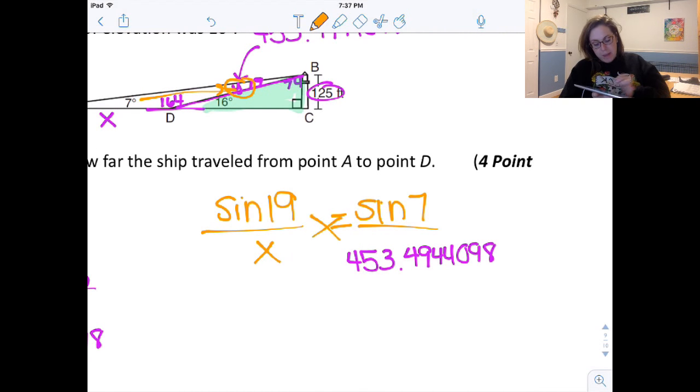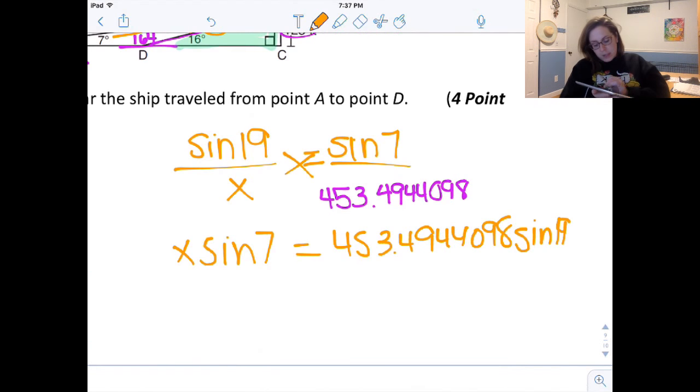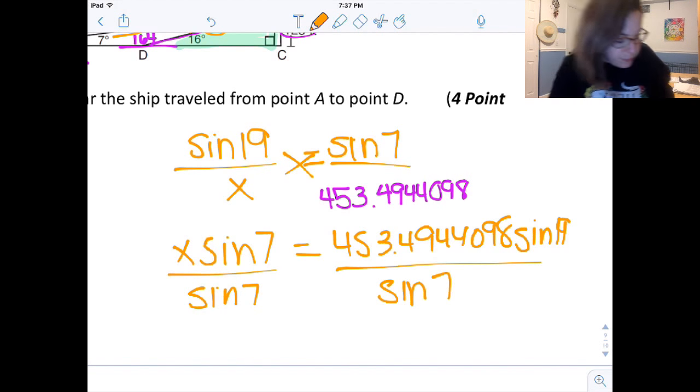So now we're going to cross multiply. So x times sine of 7 equals 453.4944098 times sine of 19. Divide both sides by sine of 7. And here's what I'm going to put in my calculator.